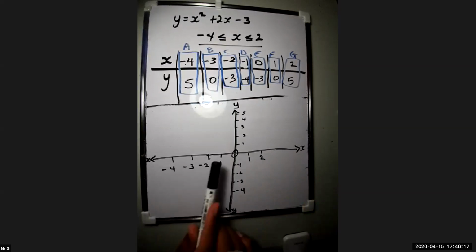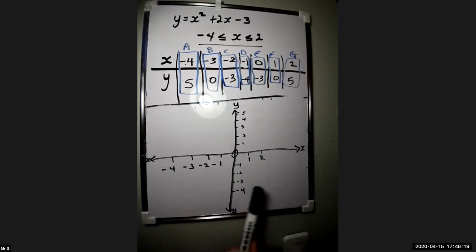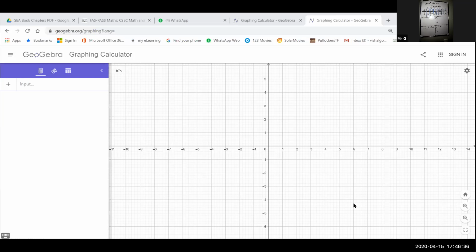So we are finished with our graph, but what we have to do is identify our scale. Let me show you what I mean by that. If you can see the graph paper on the screen, on an actual graph paper, you're seeing the blocks, right? Let me zoom in a little bit.